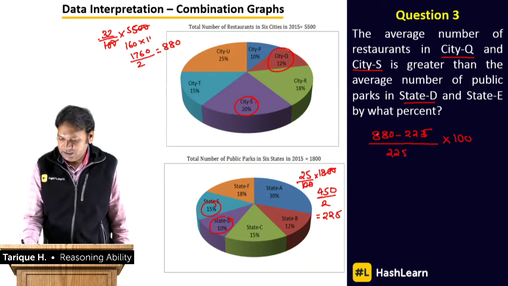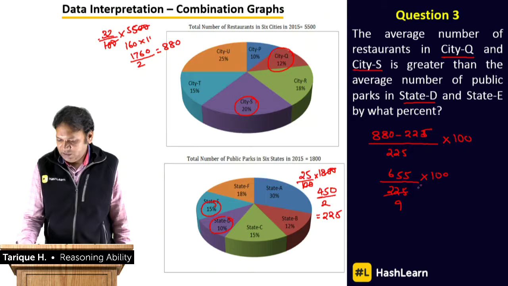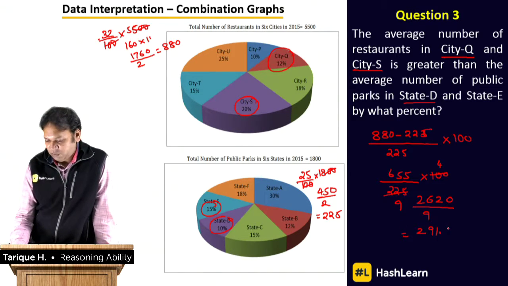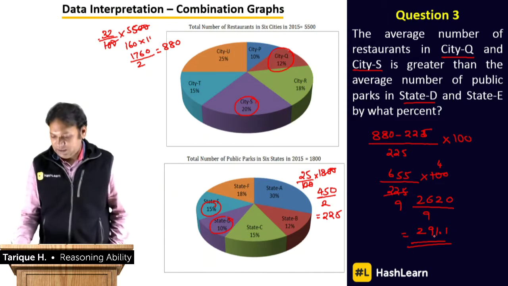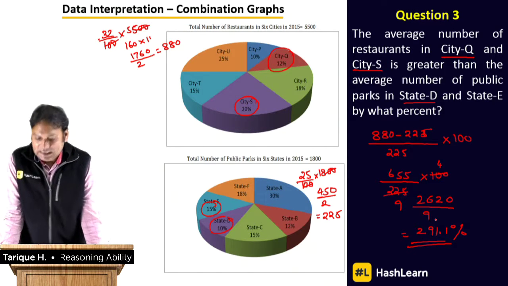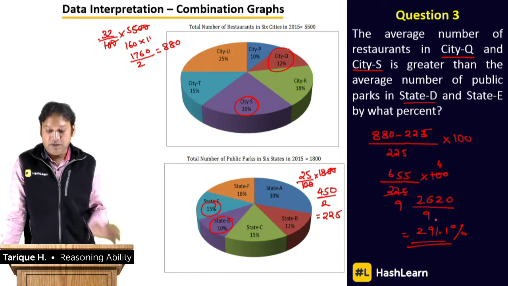Okay, so again 80 and 25, that is 55, and 655 by 225 into 100. 25 into 9, 25 into 4, 4 into 5, 20, 2 in hand, 20 plus 2, 22, again 2 in hand, 22, 620 by 9, that's equal to 9 to the 18, and 9 9s are 81, and 291.1, so approximately 291% we're getting as the average number of restaurants in Q and S is greater than the average number of public parks in D and E by what percent? That is your question number 3.